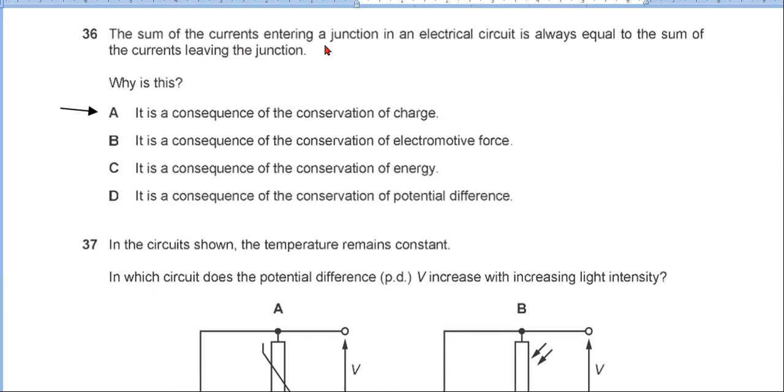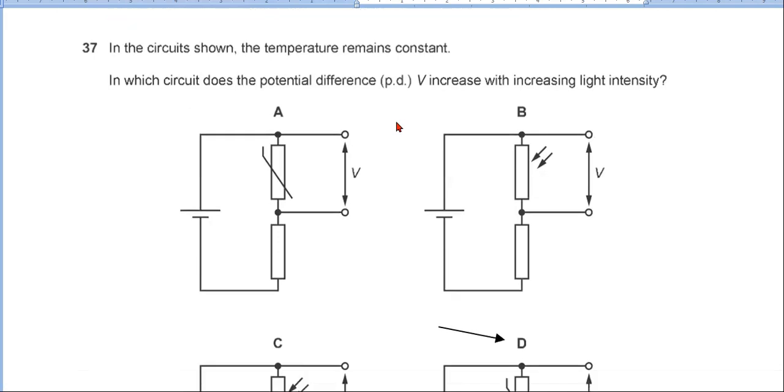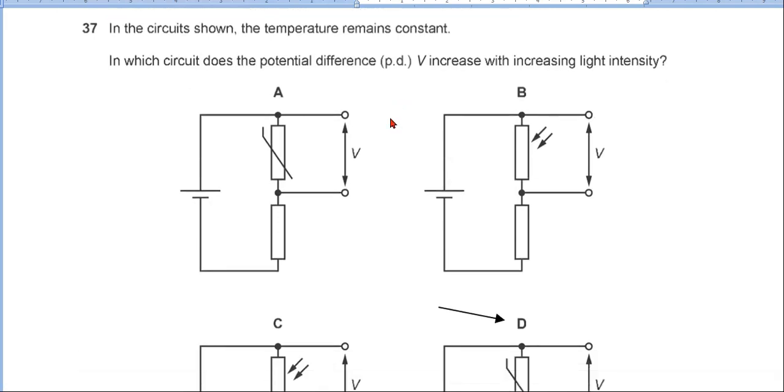The sum of currents entering a junction in an electric circuit is always equal to the sum of currents leaving the junction. Why is this? It is a consequence of conservation of charge. In the circuit shown, the temperature remains constant. In which circuit does the potential difference increase with increasing light intensity?